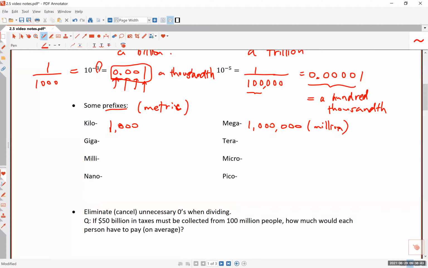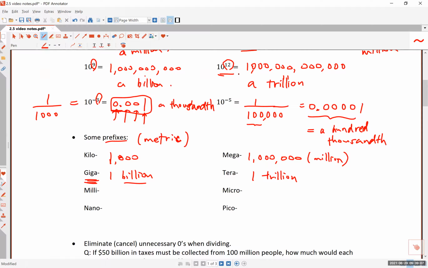Giga is 1,000 times that, so it's 1 billion. A gigabyte is 1 billion bytes, right? A terabyte is even more than that. It's 1,000 times a billion. What is 1,000 billion? It'll be 1 trillion. As we said before, it's 10 to the 12th.